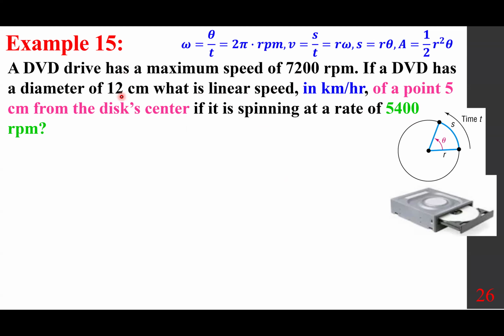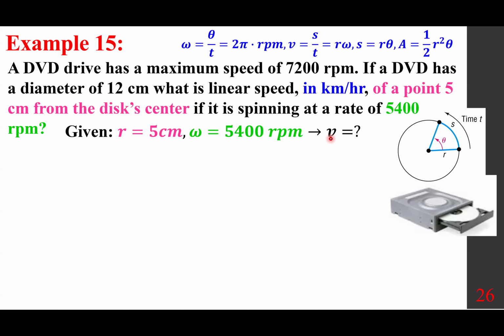So what is given? At 0.5 centimeters from the disk center, that means R is 5 centimeters. Spinning at the rate of 5,400 RPM, that is omega. And we are looking for the linear speed V. So given R is 5 centimeters, omega is 5,400 RPM, and linear velocity is missing.